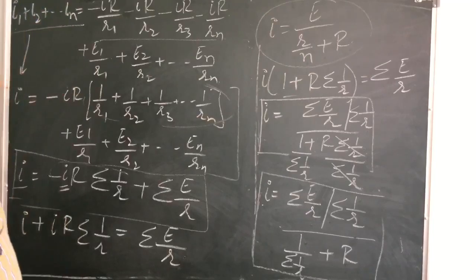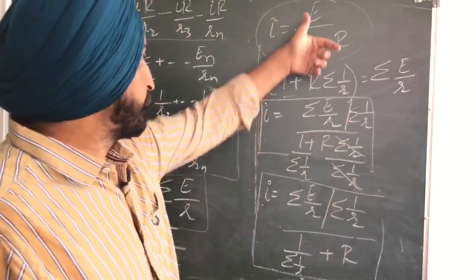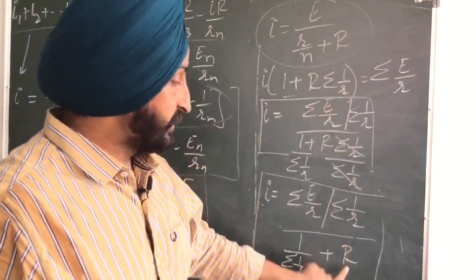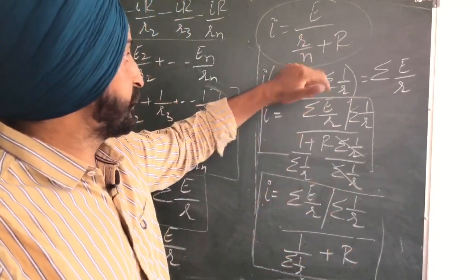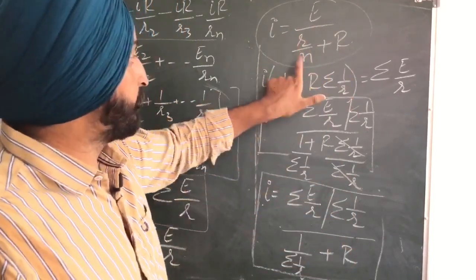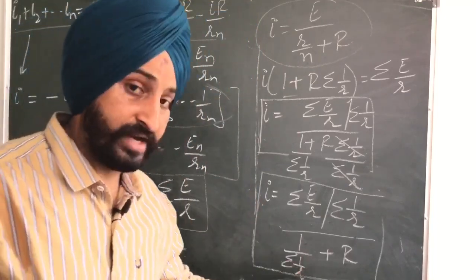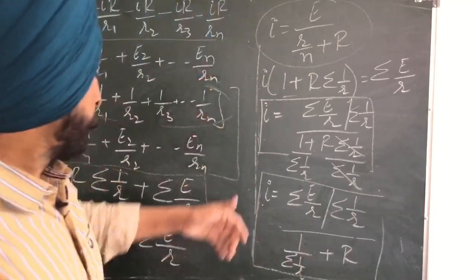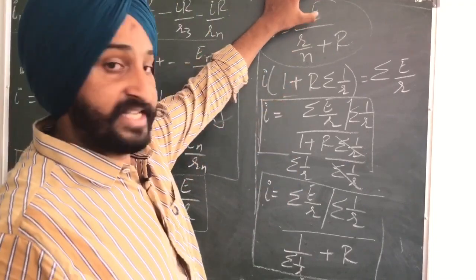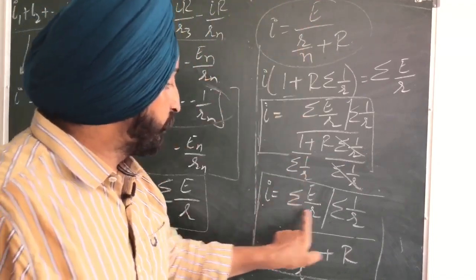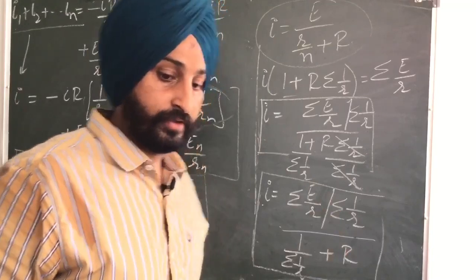From these equations you have got that external resistance is of course R. Internal resistance in that case was equal to R by N, but now the internal resistance would be equal to 1 by summation of 1 by R, fine. And the total EMF was E, but now the total EMF will be equal to this value, right?